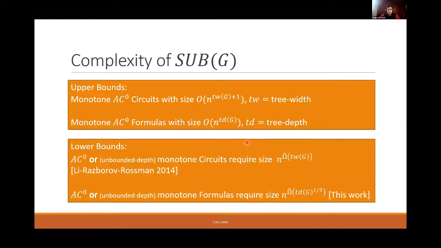But the objective of this work is to obtain matching lower bounds, at least in these restricted settings, right?